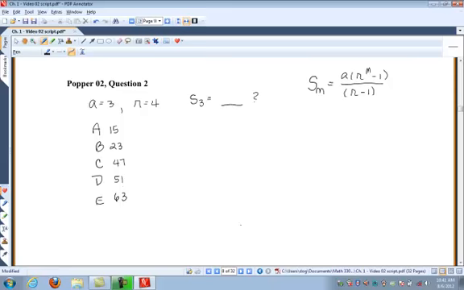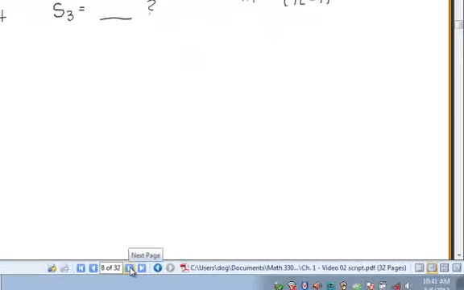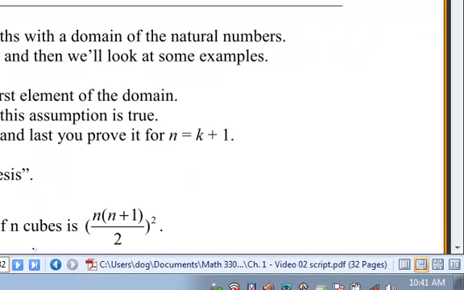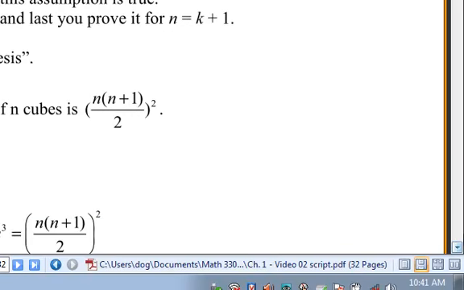Okay, now we're going to open a new section. Section 1.8, we're going to be looking at mathematical induction. Mathematical induction is a proof system. It's actually a very highly regulated, or highly prescribed, way of proving certain types of theorems.